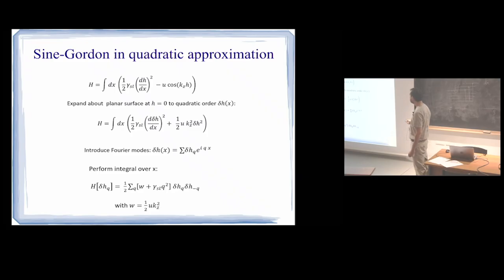And to do that, we make a second-order expansion of this cosine term about, say, ground level at h equals 0. We set the surface height at 0 when it's perfectly smooth. And we ask ourselves, what would happen if you move away your film profile?